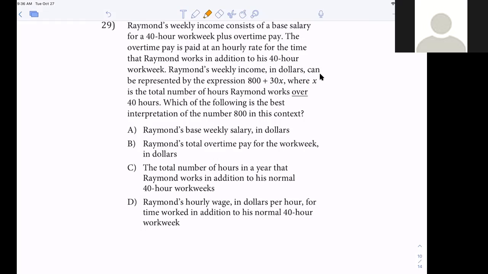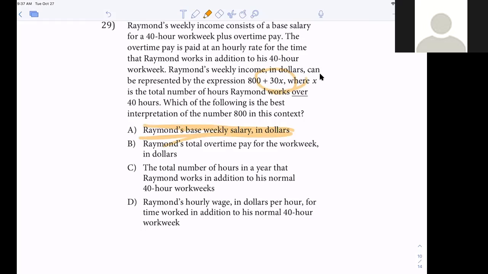Which one of those talks about the initial amount? A, Raymond's base salary. That's his initial amount. That's what he's going to make. The other is his overtime money. That's 30x, which basically means he gets paid $30 an hour for overtime.